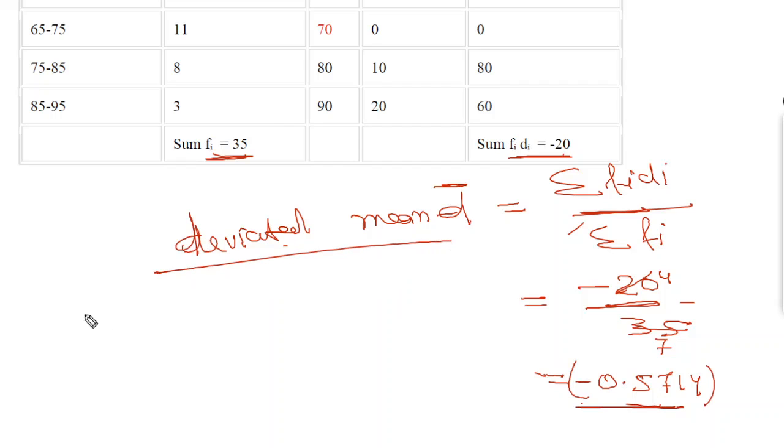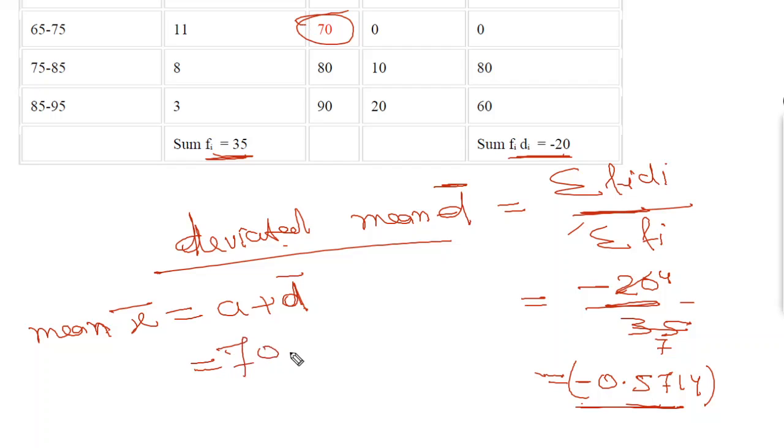Now what we have to find? Mean. So mean is equal to A plus deviated mean, assumed mean plus deviated mean, which is equal to, you know that assumed mean is 70. So just write 70 plus d bar.